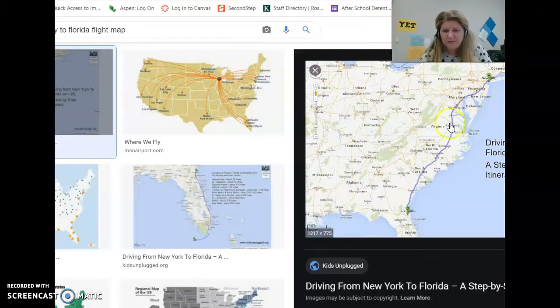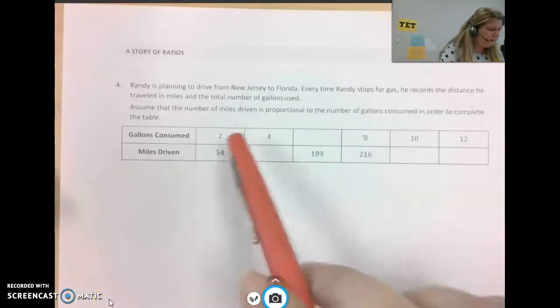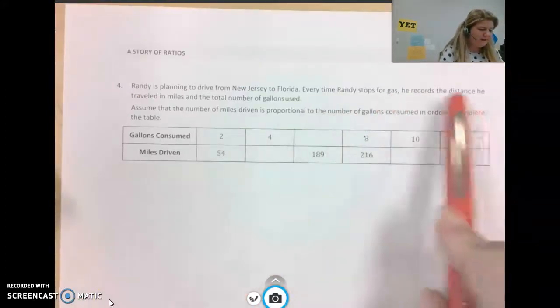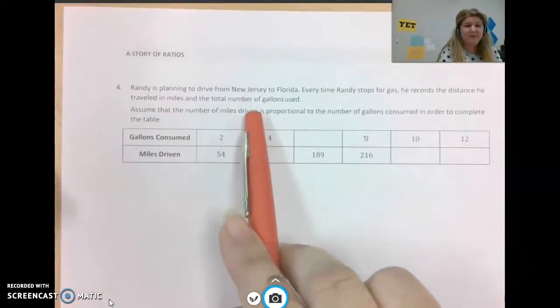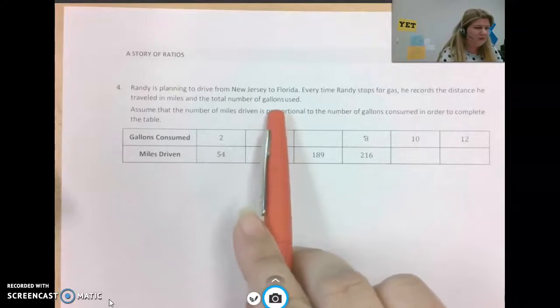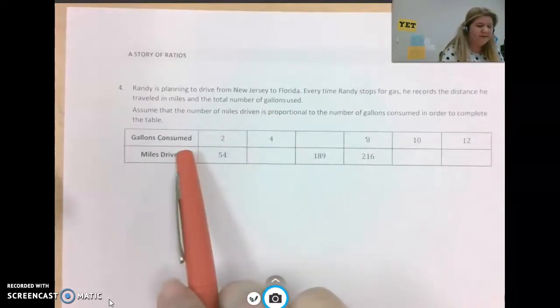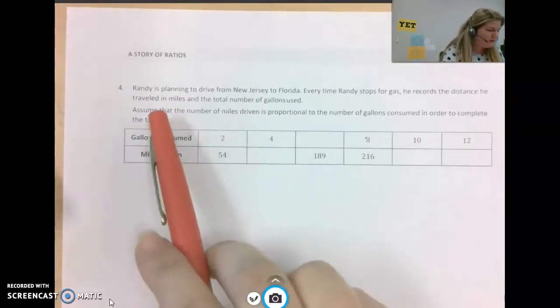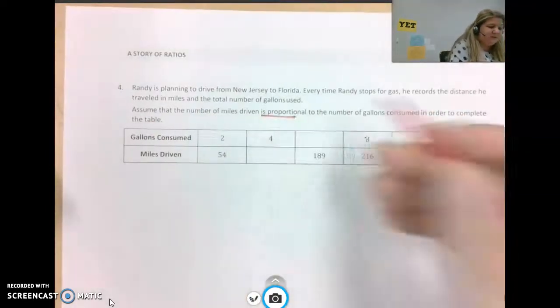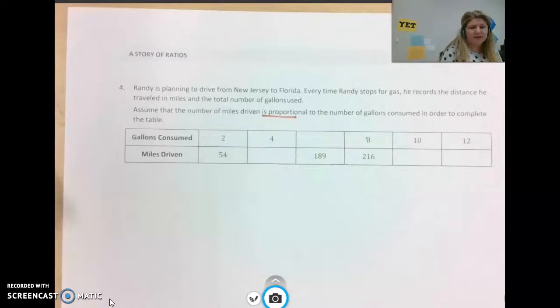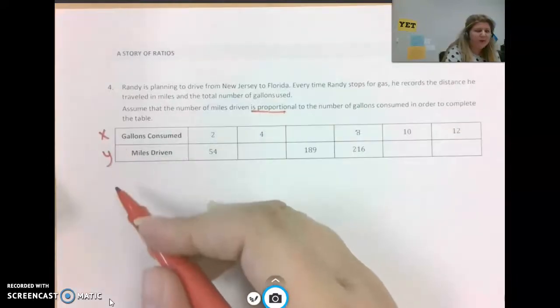New Jersey to Florida. That's what we're talking about. Every time Randy stops for gas, he records the distance traveled in miles and the total number of gallons used. So gallons consumed is used and miles driven. Assume the number of miles driven is proportional, so they tell us it's proportional, and then we're going to complete the table. So we have x and y here.